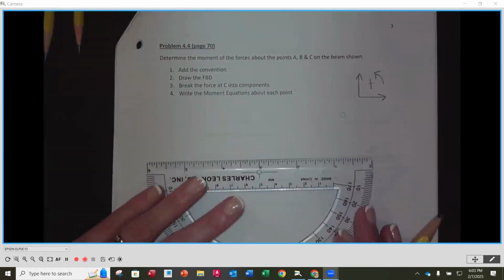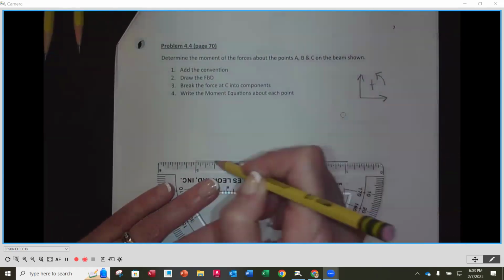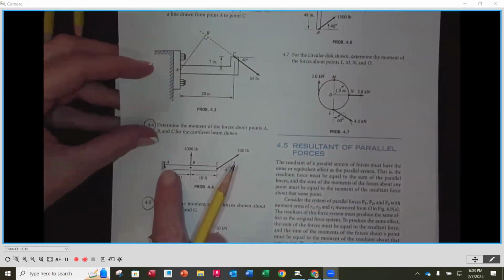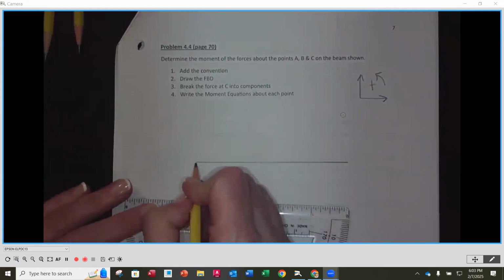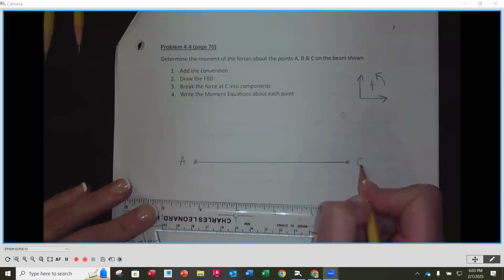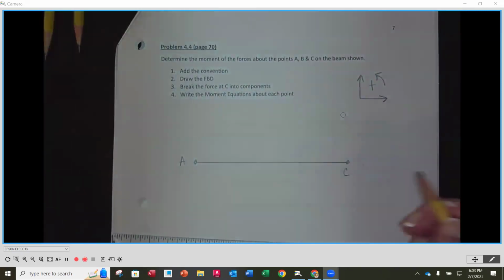Okay, so let's add our free body diagram. We're simply going to draw a line that's going to represent that beam. Here's the beam, and my line is simply going to start at A and go to C. So this is going to be point A, and this is going to be point C. Actually, I'm going to put my C below, so I'm going to need a force there.